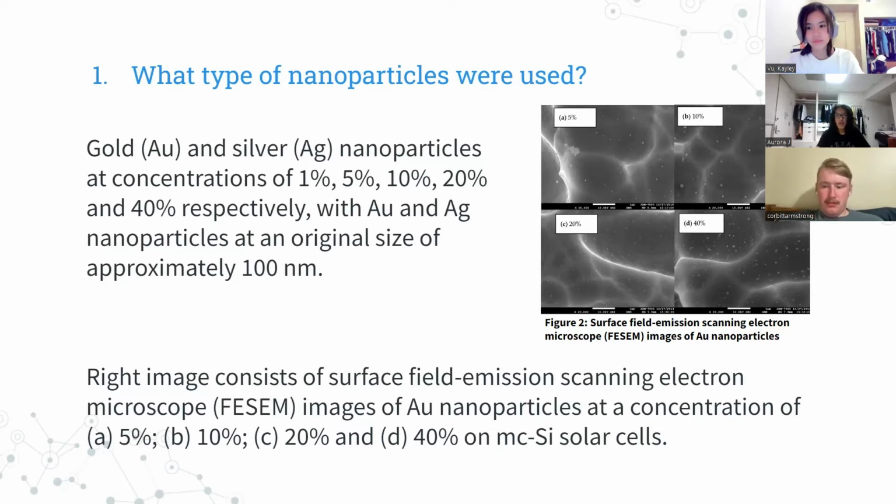Also, metal shadowing competes with the light scattering of the solar cells, which is why larger concentrations of these nanoparticles were less efficient within the solar cells, because the shadowing of the metals competed with the light scattering.